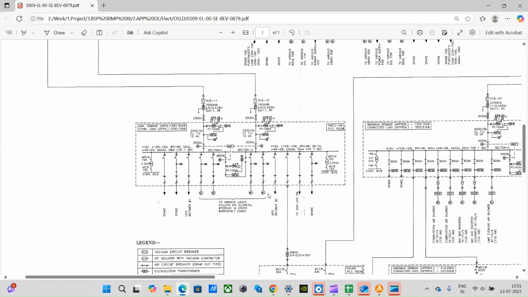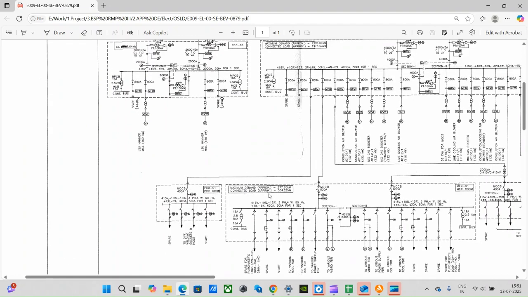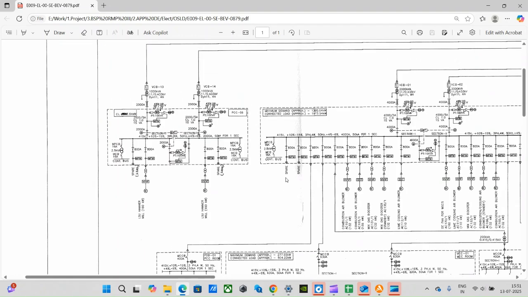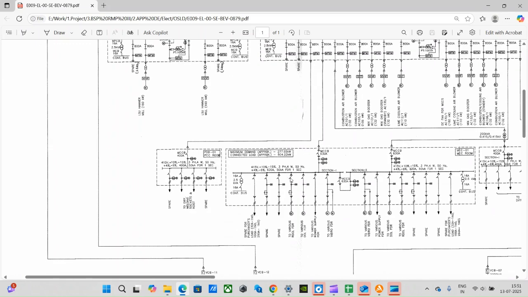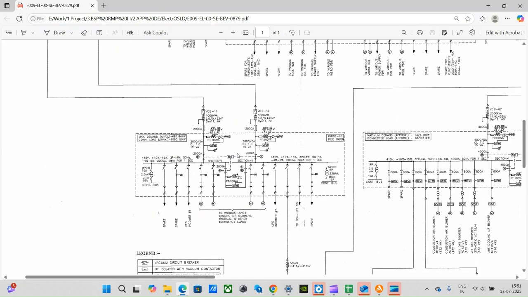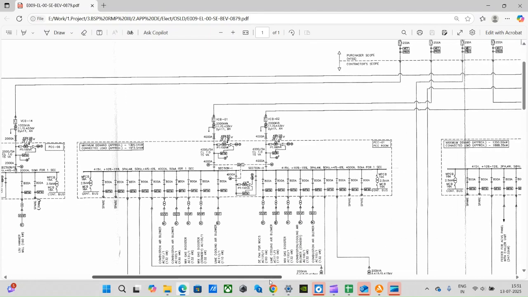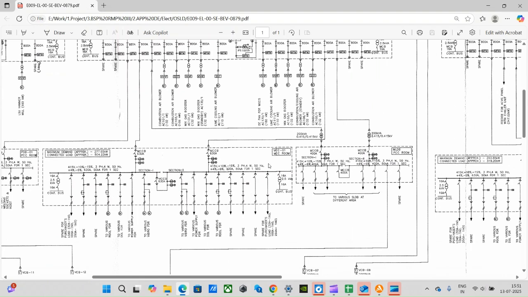Okay, one more thing I wanted to tell you. Let me show you this PCC one, MCC one. So this one.